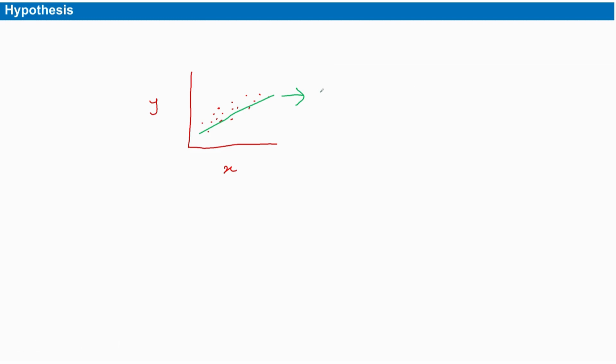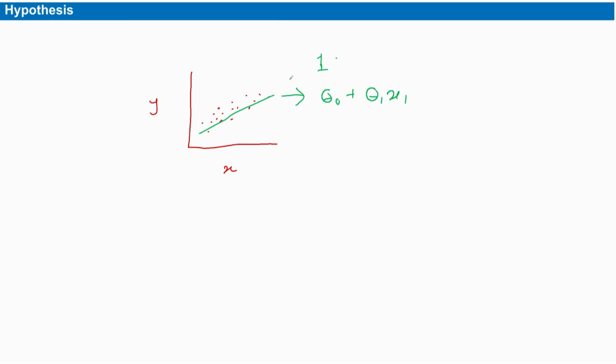Because we are considering only one feature, the linear equation for this line becomes theta 0 plus theta 1 of x1, where x1 is the feature.